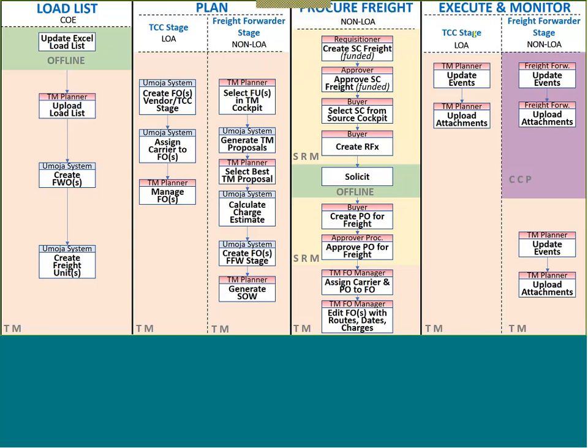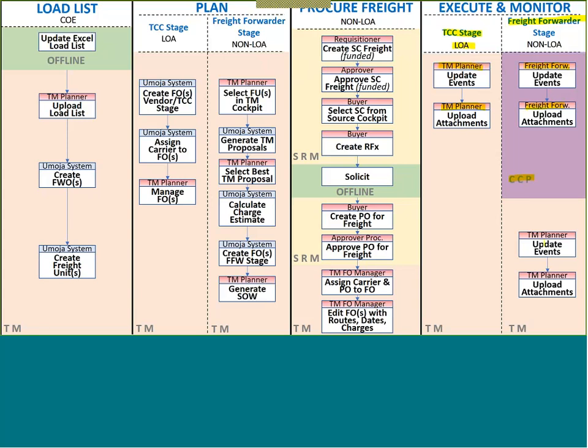For the TCC stage, LOA, let's say that the troops contributing country is not submitting the events in CCP, so the TM planner would submit these events for the troops contributing country in TM. Yeah, so basically updating events and uploading attachments. The freight forwarder, in this case, could update the events in CCP, as we saw yesterday for the vendor, and also upload attachments in CCP, and the same thing can be done by the TM planner in TM for the freight forwarder.